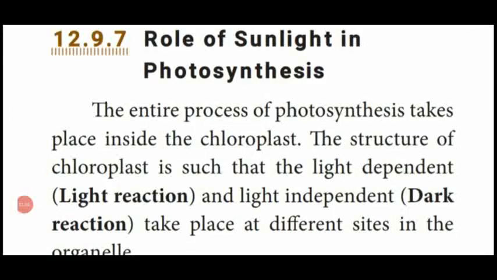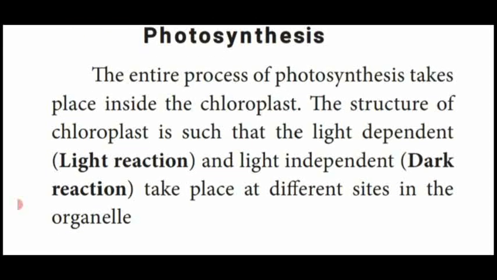Dear students, photosynthesis takes place in the chloroplast, as I just told you with the help of the diagram. Photosynthesis is divided into two reactions. One is the light dependent reaction, that means in the presence of sunlight they carry out the photosynthetic process.